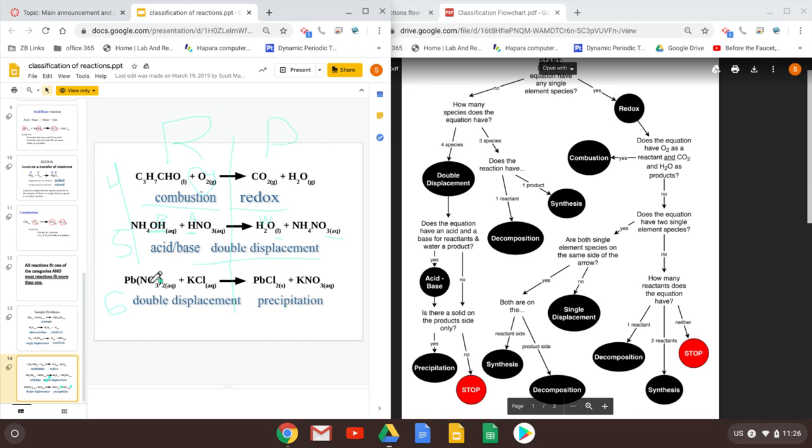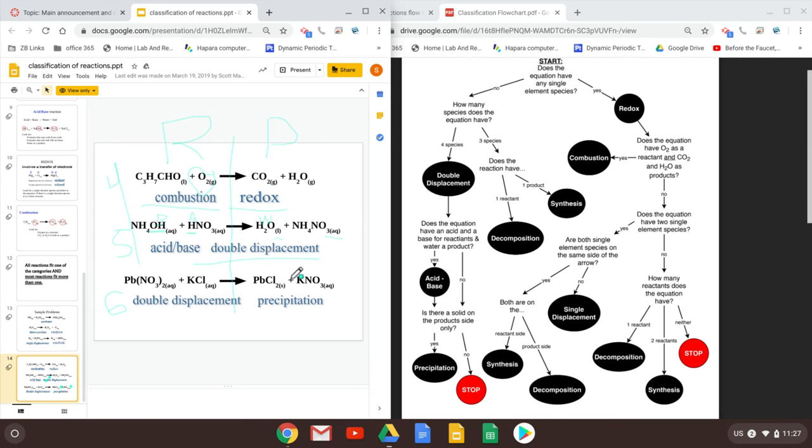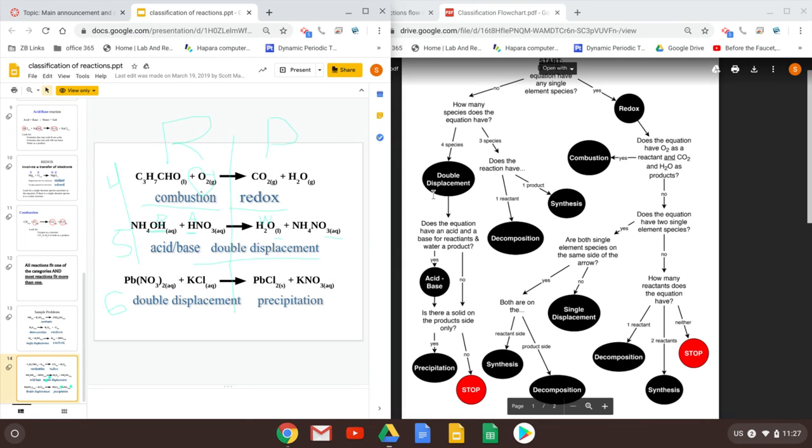Are there any capital letters just by themselves? The answer is no. We have all compounds here. So the answer to the first question would be no. How many species does the equation have? Looks to me like it has 1, 2, 3, 4. So double displacement is our first classification.